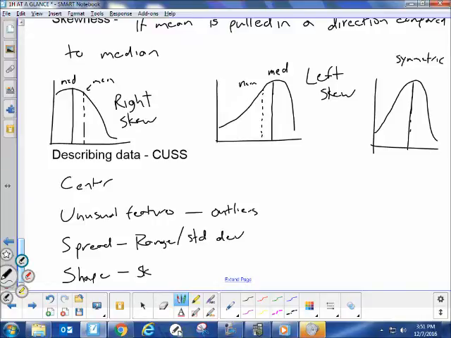Is it skewed? Is it symmetric, etc.? Okay, and that was Unit 2.